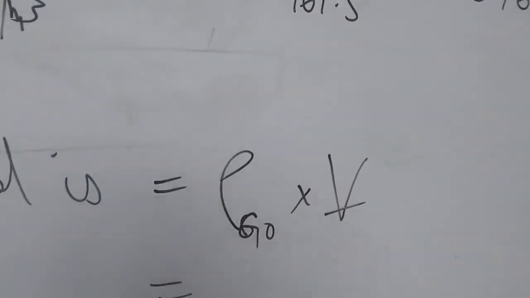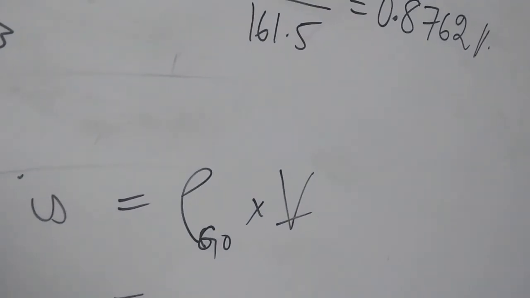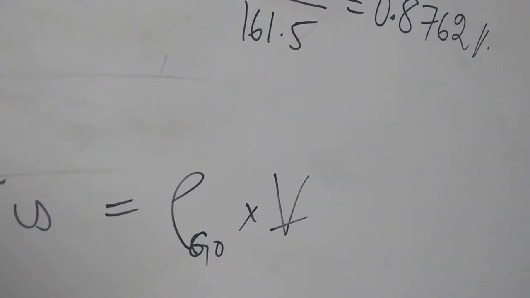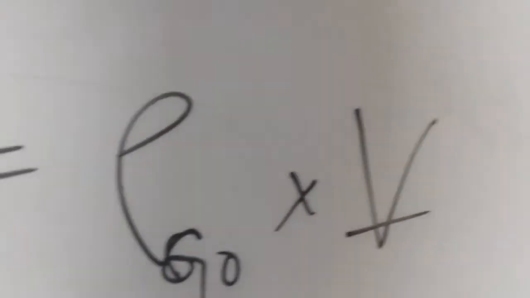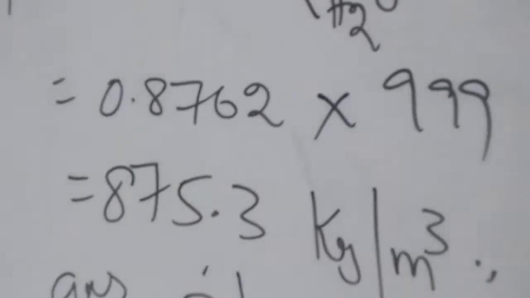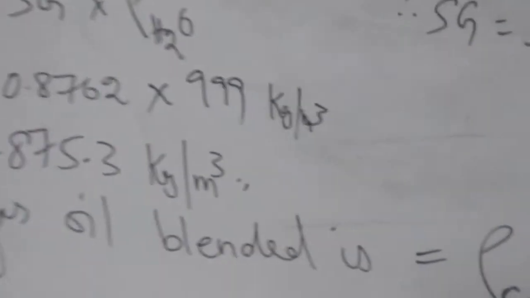Volume is given as 250 meter cube, and we have determined the density to be 875.3 kg per meter cube. 875.3 kg per meter cube multiplied by volume, which is 250 meter cube.